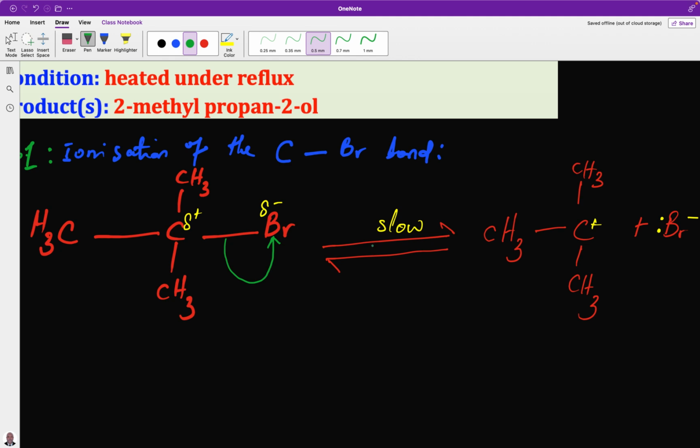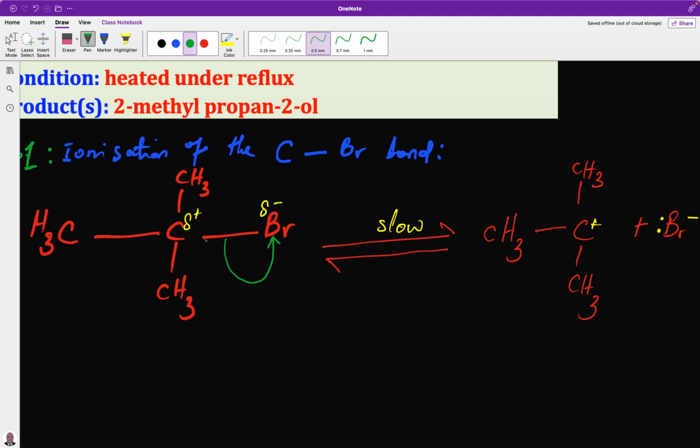Electrons will move towards this one. Now it's a slow process. Ionization takes place. A carbocation is formed, and the bromide leaves with a pair of electrons.